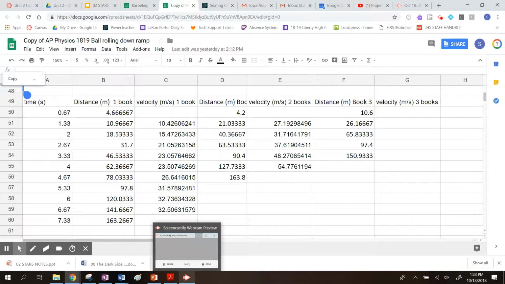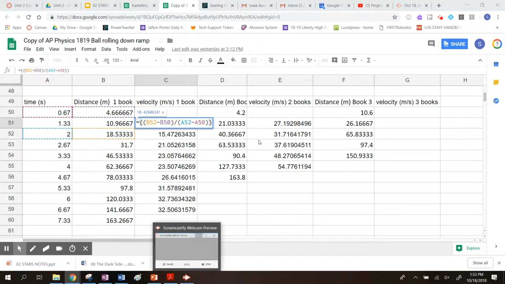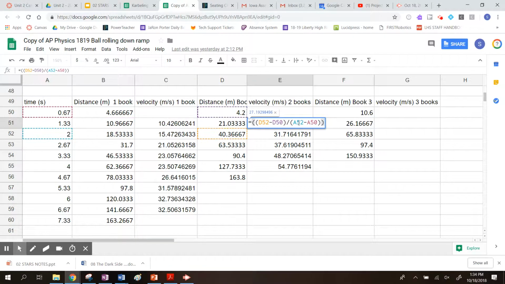A reminder that we're taking big minus little divided by big minus little, right? Change in y over change in x to find the slope, and that's the approximate or average velocity at that point there. And then we did that for 2 books.